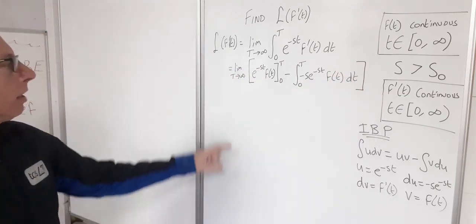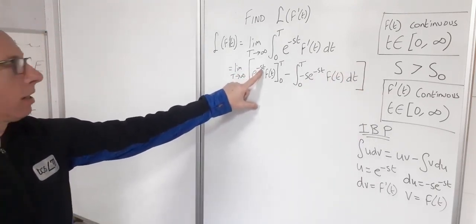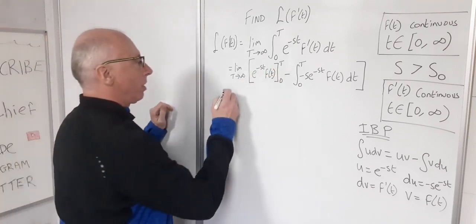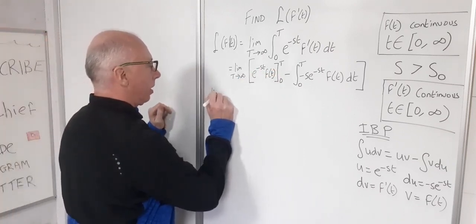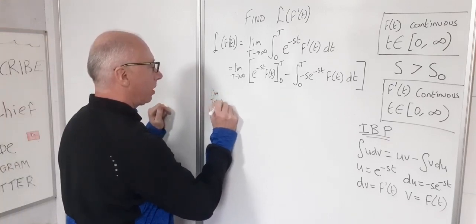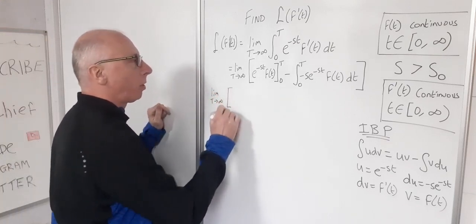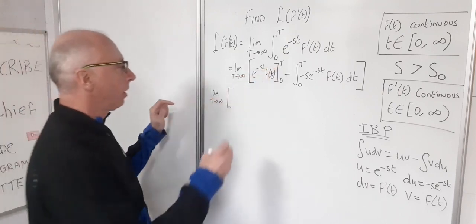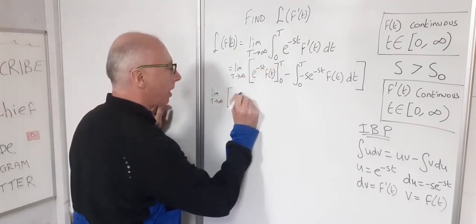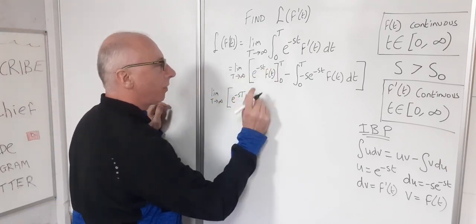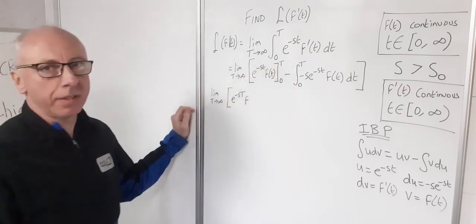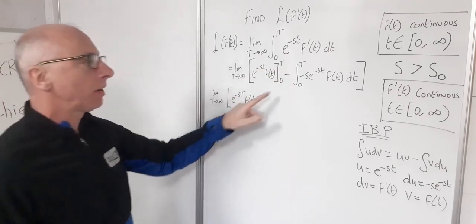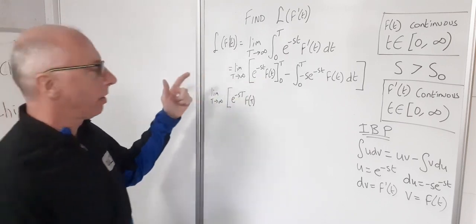So let's work out e to the minus st and evaluate it from 0 to T. So we've got the limit as T approaches infinity. Let's work this first one out. E to the minus sT, so plug in capital T for this one. So e to the minus sT, and then our function is evaluated at this capital T. Okay, and now subtract it for when t equals 0.